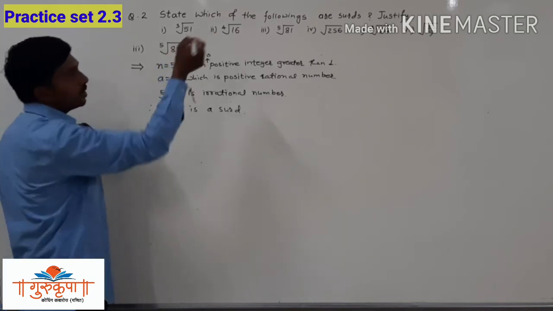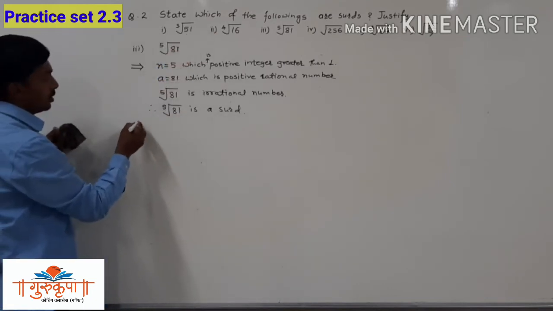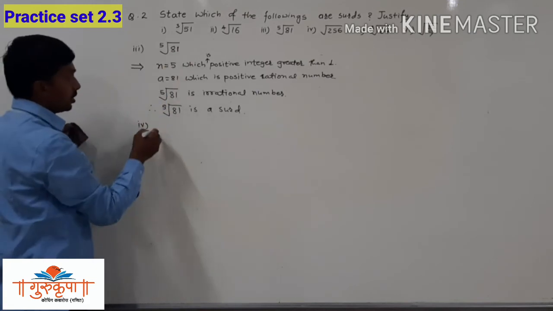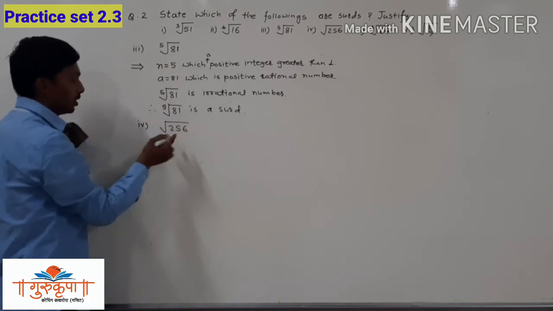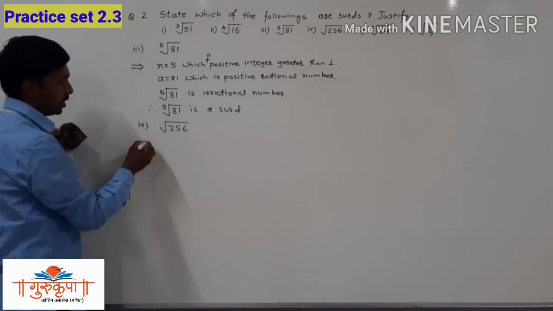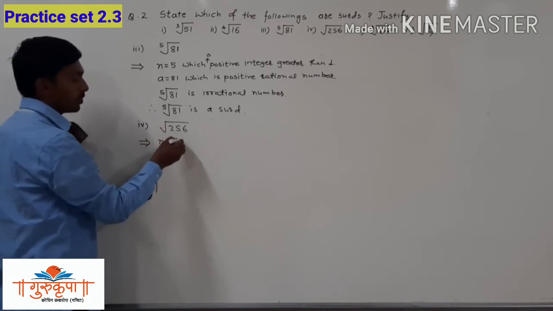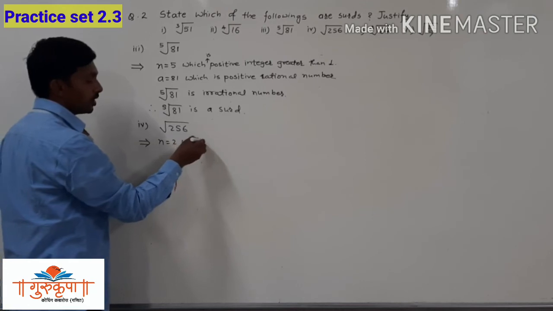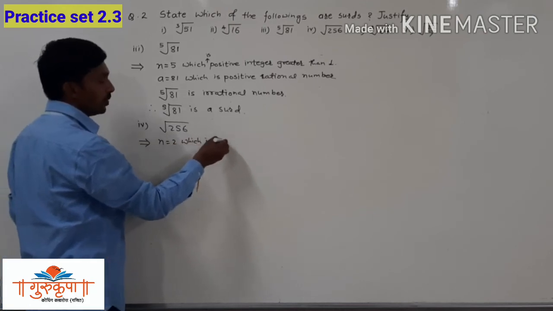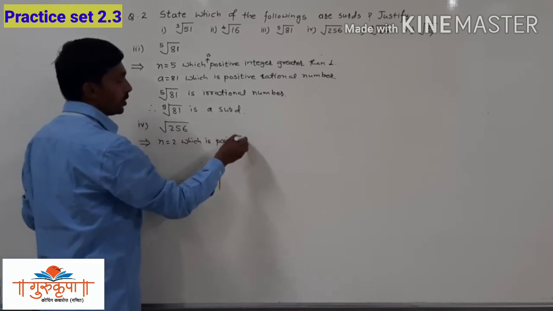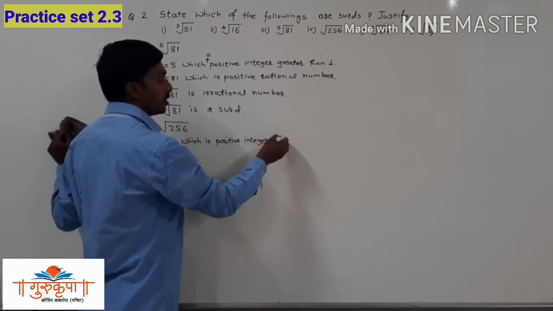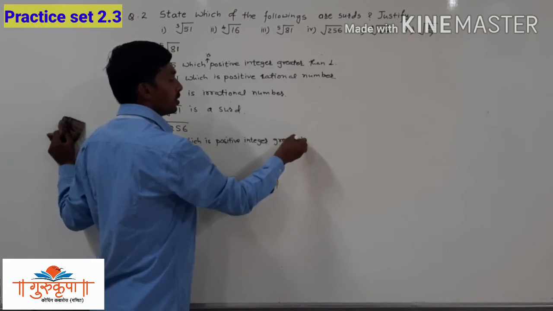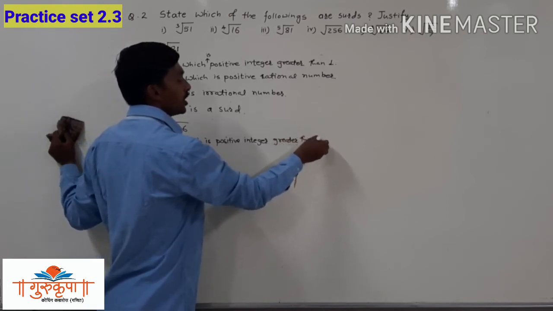Now we have example number 4, that is square root of 256. Here the first condition, n is equal to 2, which is a positive integer greater than 1. The first condition is satisfied.